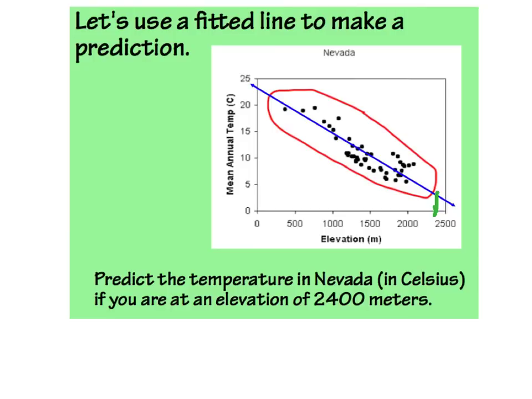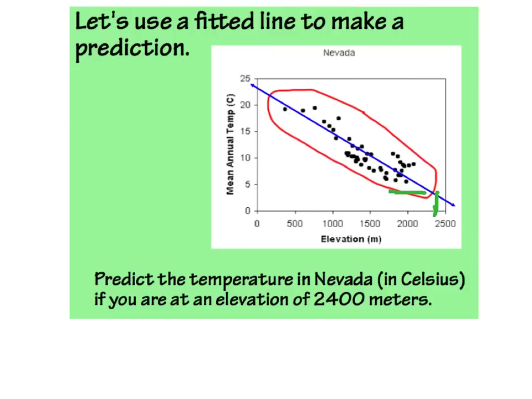Now you guys are going to do that with your ruler. You're going to go straight up to your fitted line. From the fitted line, then we will go directly left to find out what the temperature will be.